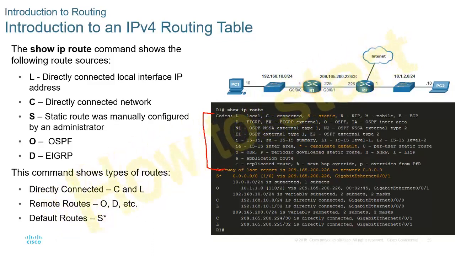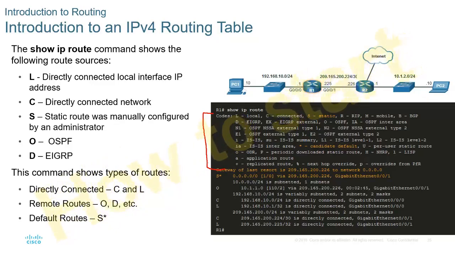The third option is our static routes. They will be denoted with an S. That's typically saved for our default gateways. We have other routing protocols like OSPF or EIGRP or RIP, and they're designated with their own letters. OSPF being O, EIGRP being D.